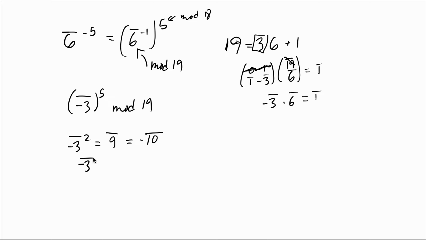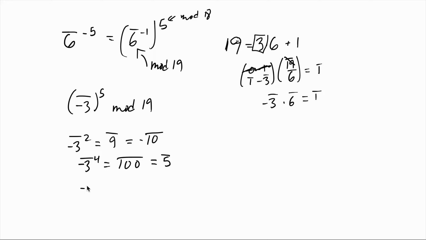So -3 bar to the 4th is going to simply be 100 bar, and we're working mod 19, so we can think, okay, 20 times 5 gets us to 100, so 19 times 5 is going to be 5 less than 100, so that means this must be 5 bar, because it's going to be 5 more than a multiple of 19. So we get -3 bar to the 4th is equal to 5 bar.